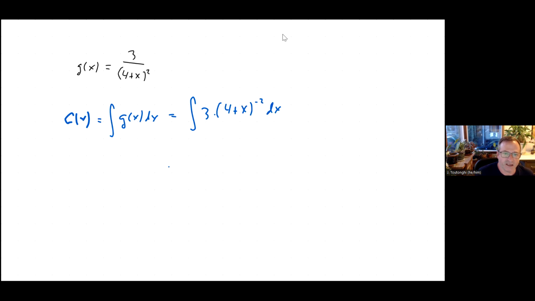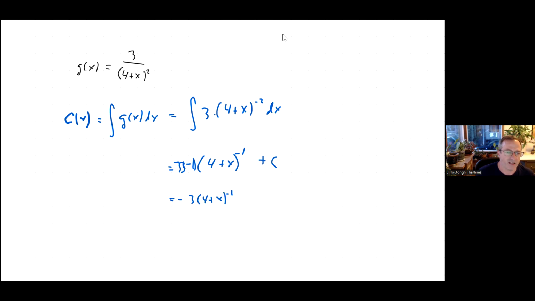We're going to take the 4 plus x, increase the power by 1 to get to the negative 1, and multiply in front by the reciprocal of that power, which will just be negative 1. So we'll have 3 times negative 1 times 4 plus x to the negative 1, and then plus a constant. So that's negative 3 times 4 plus x to the negative 1 plus that constant.